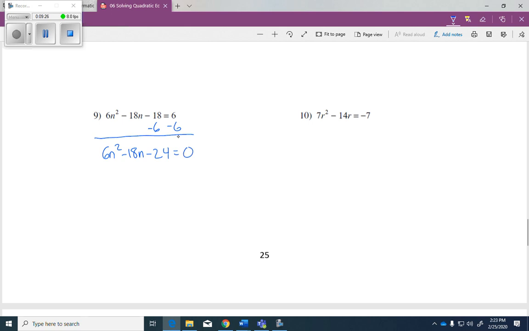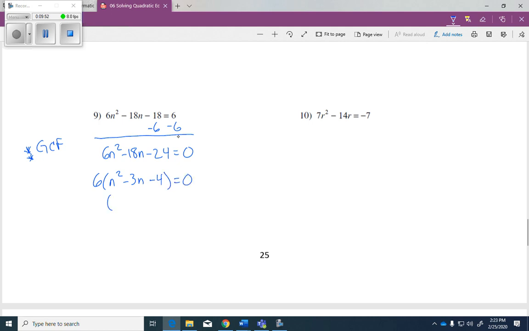So this is an equation in standard form. I notice a GCF. Don't forget your lesson 1. The GCF happens to be 6. And now I'm left with n squared minus 3n minus 4 equals 0.